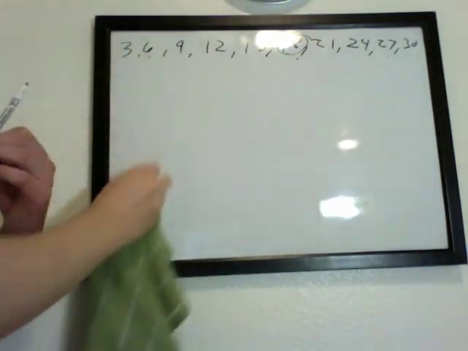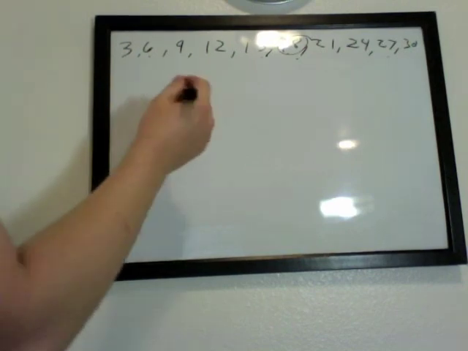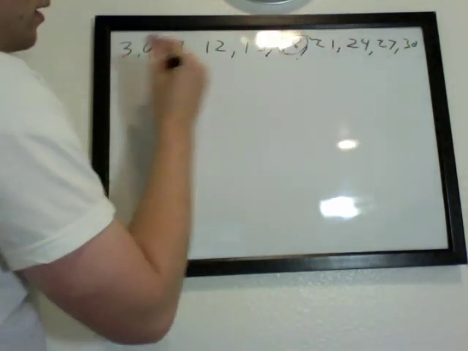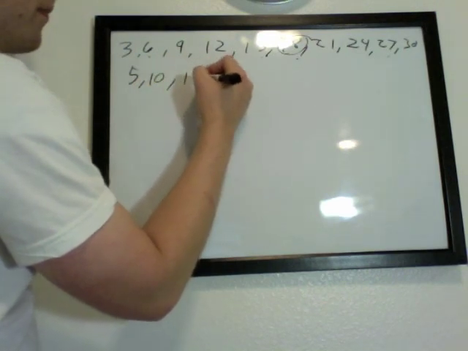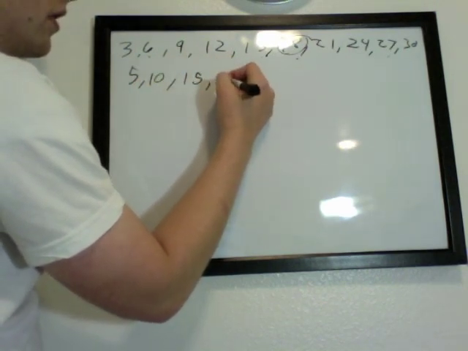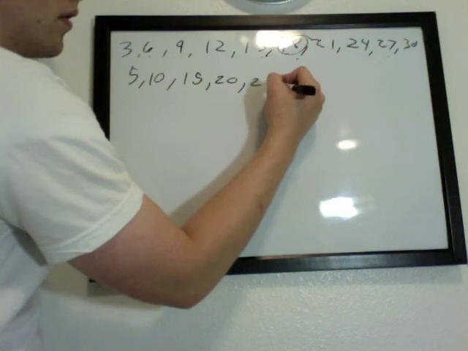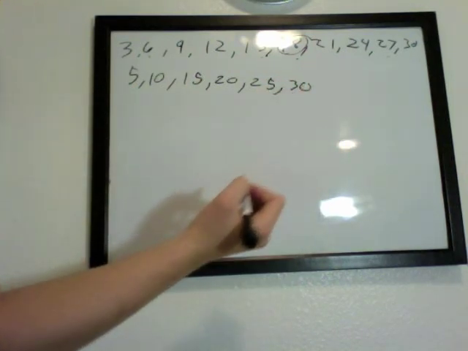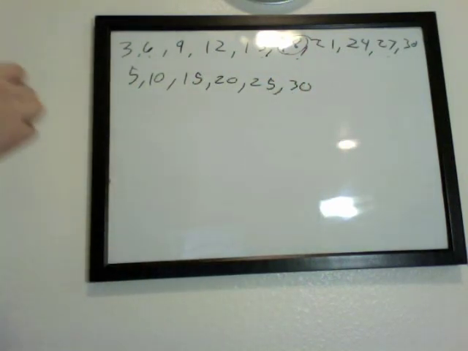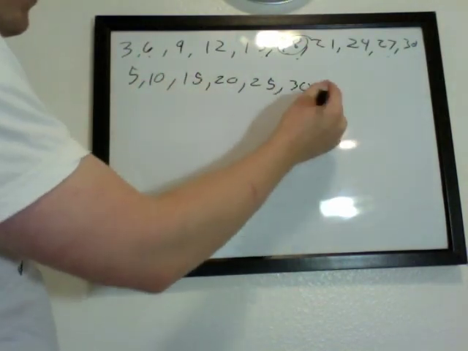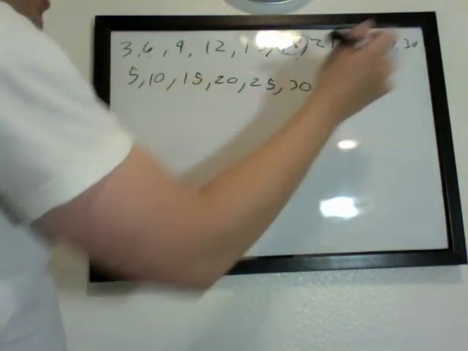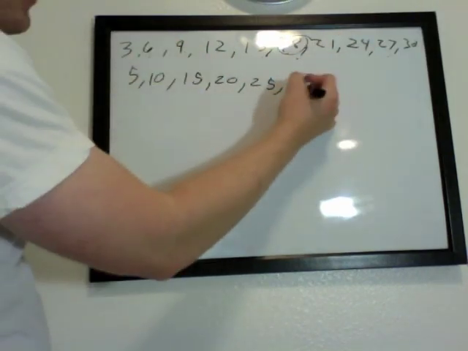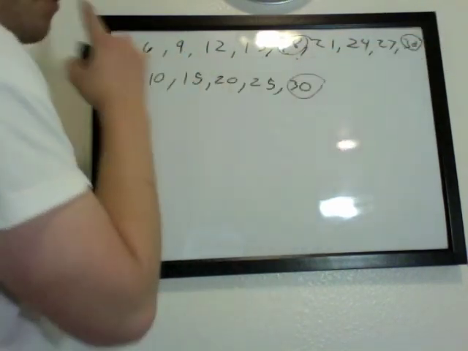So, this example. Now, why would I be talking about this? Well, we're trying to find what these two lists have in common: multiples of 5 up to 30 and multiples of 3 up to 30. Well, I know there's a 30 here and a 30 here.